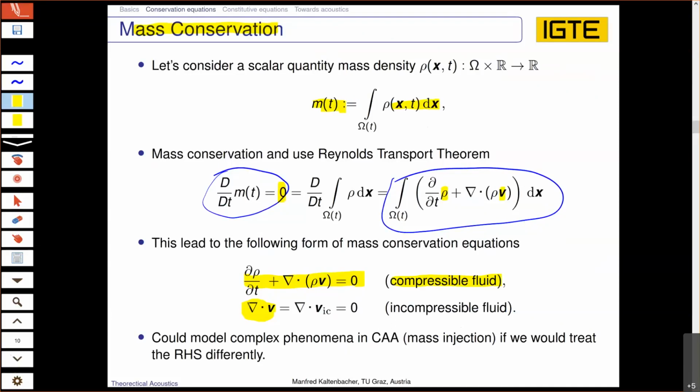I cannot remember. Okay. So in this case, we come to this Helmholtz decomposition.